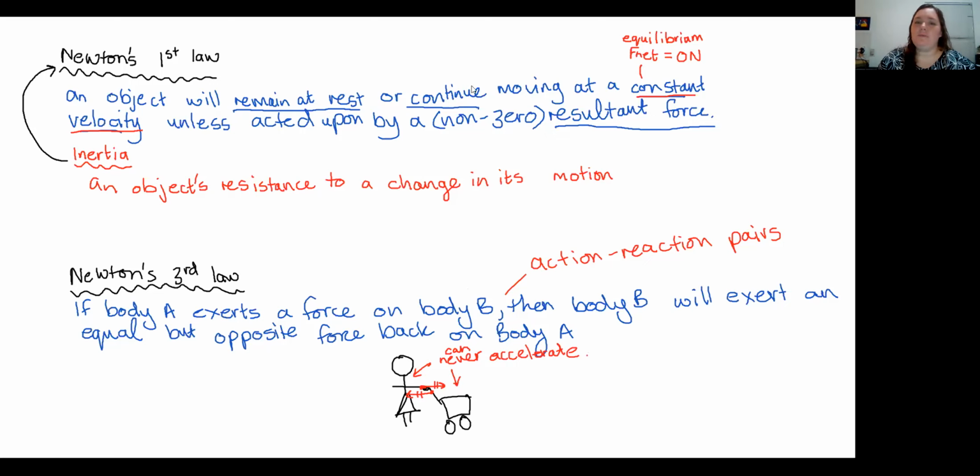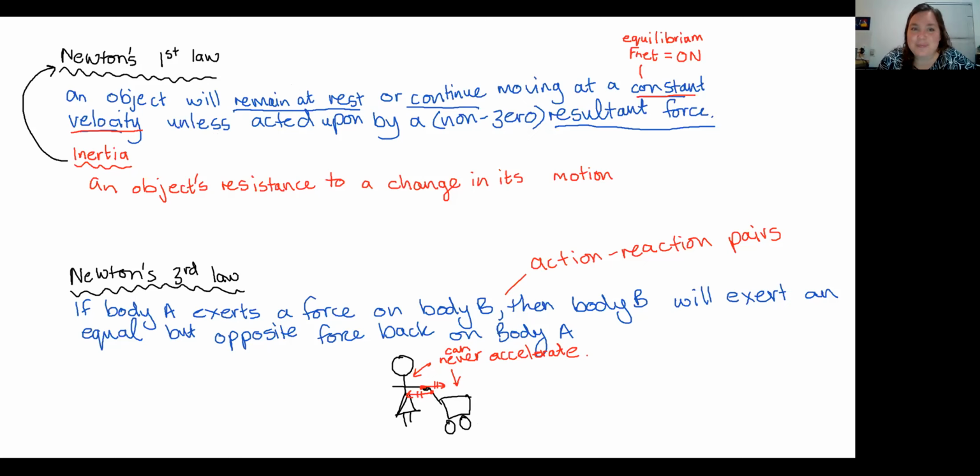And when asking people to explain why it is that the lady and the pram can still accelerate, even when the forces are equal and opposite and surely should cancel each other out to give us the situation in Newton's first law, can anyone quickly, who's brave enough, tell me why it is that the lady can still accelerate and that the pram can still accelerate, even though the forces acting on them are balanced and therefore should cancel out?